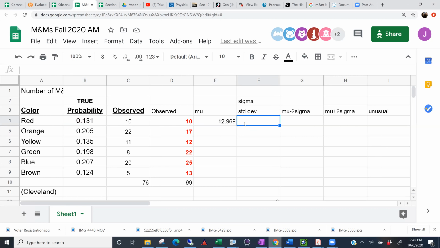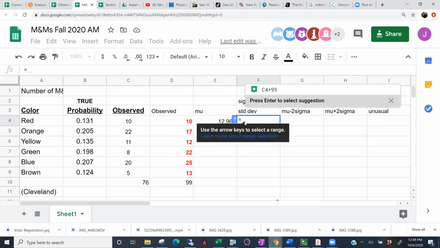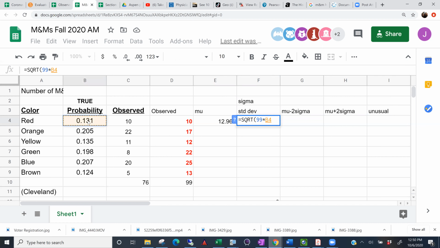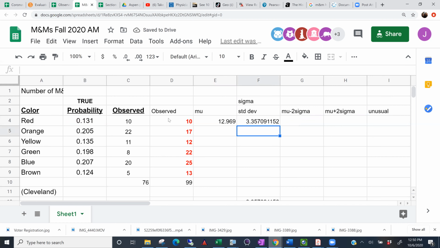That's going to be the square root of n, which was 99, times the probability of success, times q. Well, q is really 1 minus p, so times 1 minus this again. That's my standard deviation, my sigma.